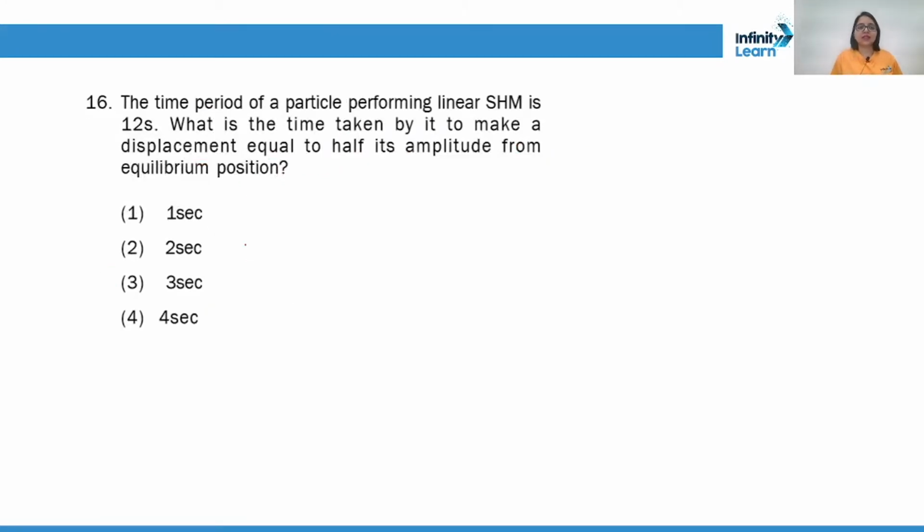Question number 16. The time period of a particle performing linear SHM is 12 seconds. What is the time taken by it to make a displacement equal to half its amplitude from the equilibrium position, right? So this is question number 16.